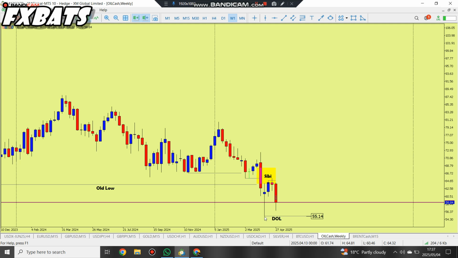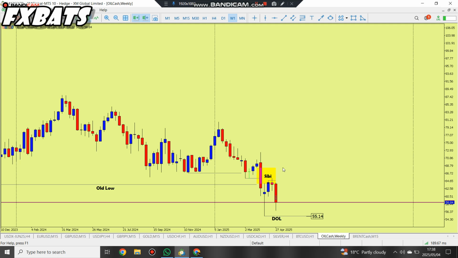Like I said, on weekly we're just looking for the bias. The bias is always the direction of price. So basically, we're just looking for the direction oil price is likely to draw towards.